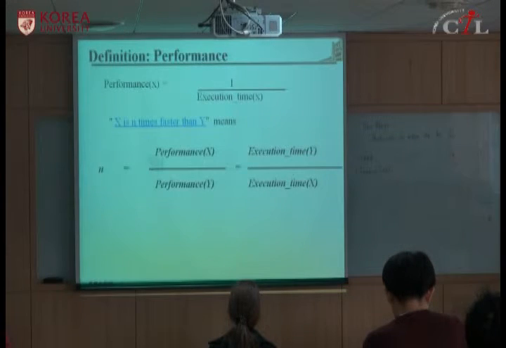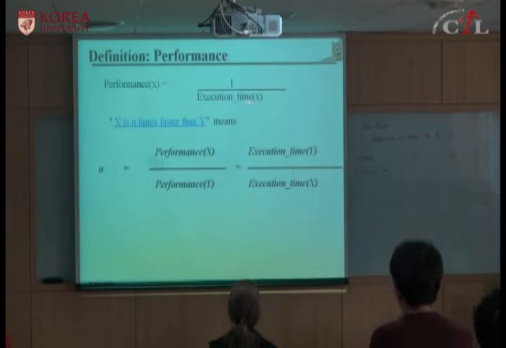Let's look at the performance. Performance can be expressed as the inverse of the execution time. If your execution time is smaller, then your performance is higher. Okay? So X is n times faster than Y means its performance is n times higher. Inversely, execution time is n times shorter. Okay?